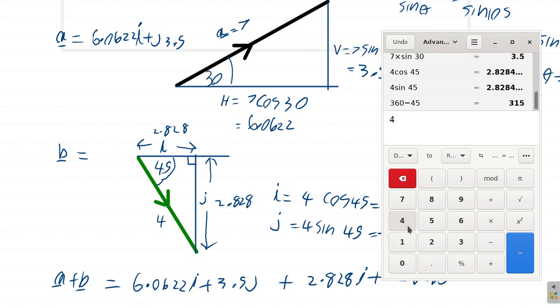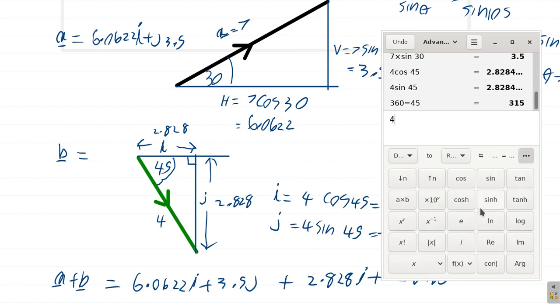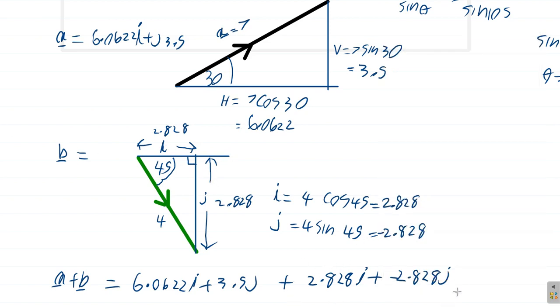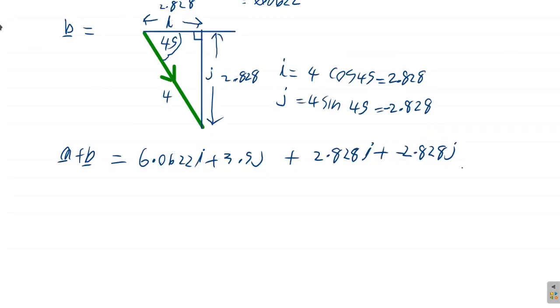So 4 times the sine of 315 equals, would that be negative? You see, so it's negative. It's really a negative.